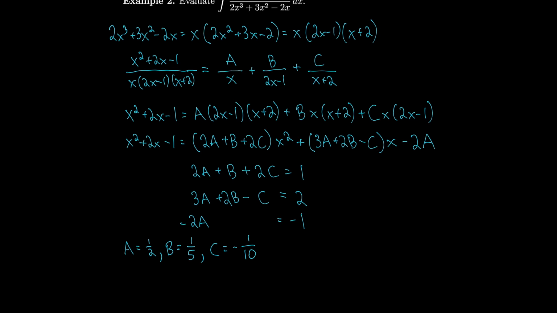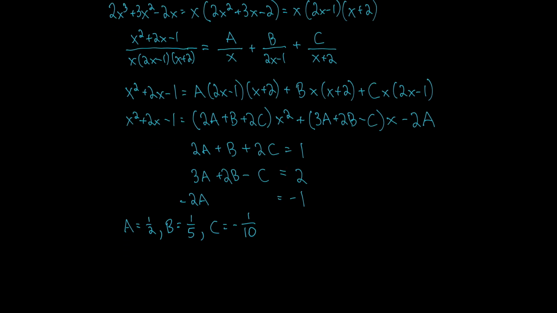Okay, so now I think we can rewrite our integral. So we get that the integral of x squared plus 2x minus 1 over 2x cubed plus 3x squared minus 2x is equal to the integral of, well, it's a over x. We said a is a half, so that's half over x.